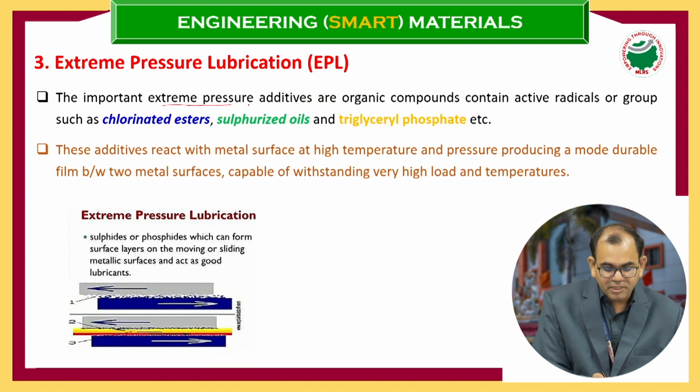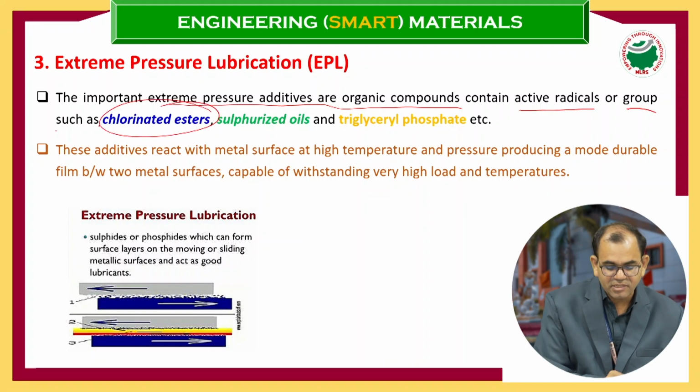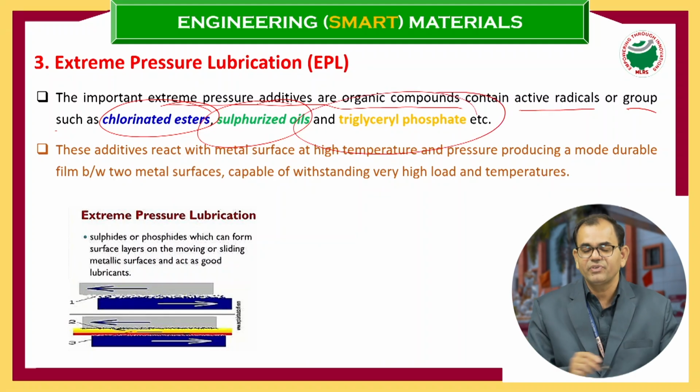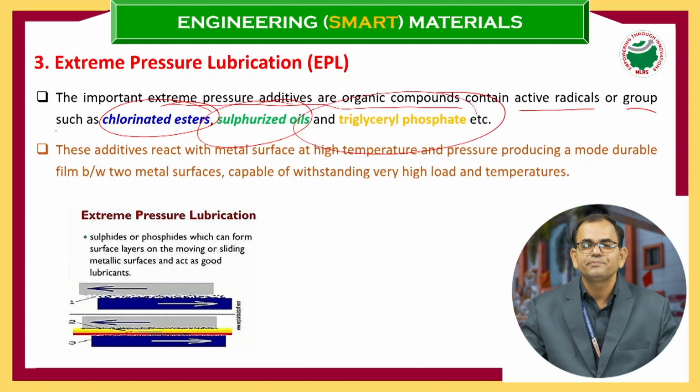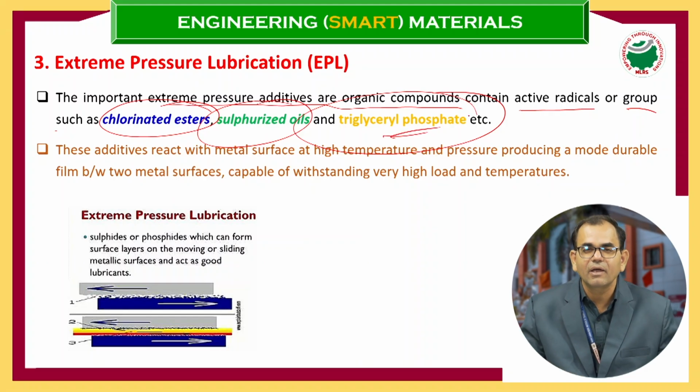The important extreme pressure additives are organic compounds containing active radicals or groups such as chlorinated esters, sulfurized oils, and triglyceryl phosphate. These are the additives. With these additives, the lubricant oil is sustainable at such high pressures, high loads and high speeds of moving objects.